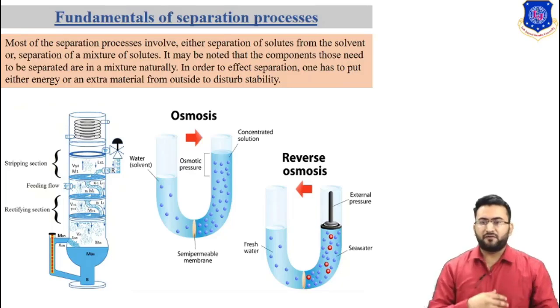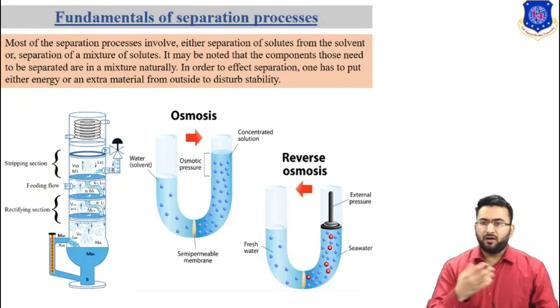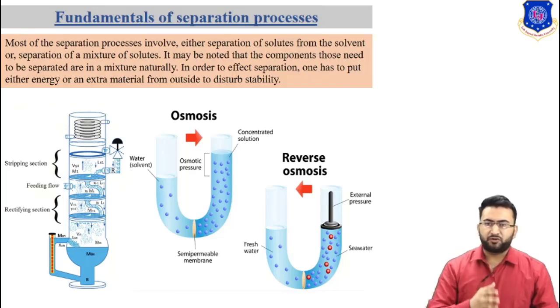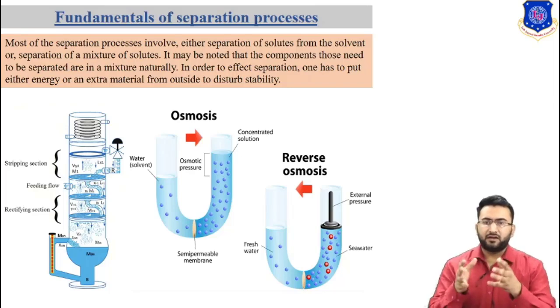There may be a number of separation processes involved in a system. In effluent treatment, there are three steps: primary, secondary, and tertiary treatment. All these processes are separation processes. Primary treatment includes coagulation, flocculation, and other methods.